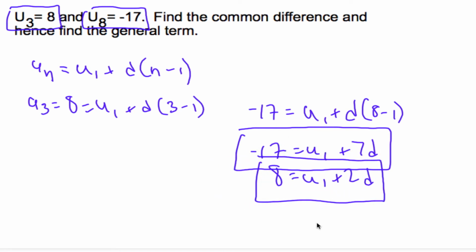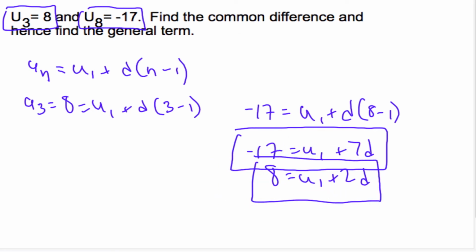All right, and so what I'm going to do then, I'm going to subtract them, negative, negative, negative, and so I end up with negative 25 is equal to, the U1s cancel, 5d, and so then d equals negative 5.